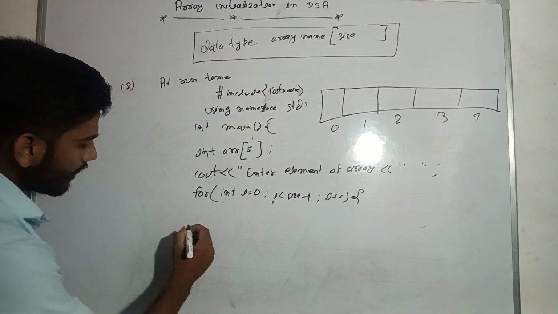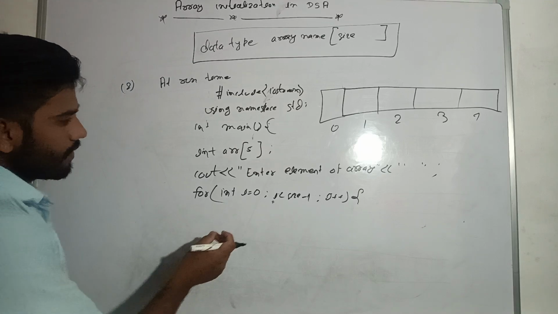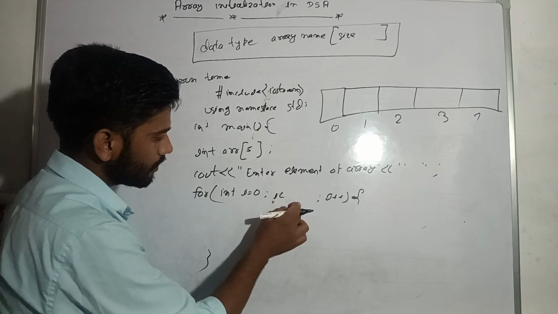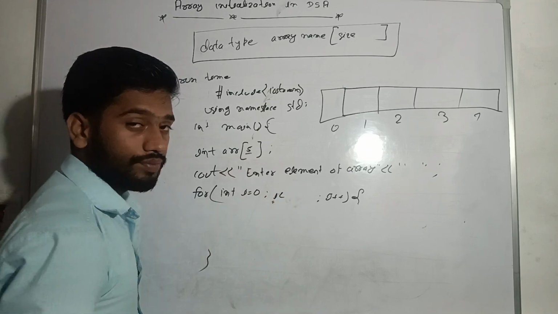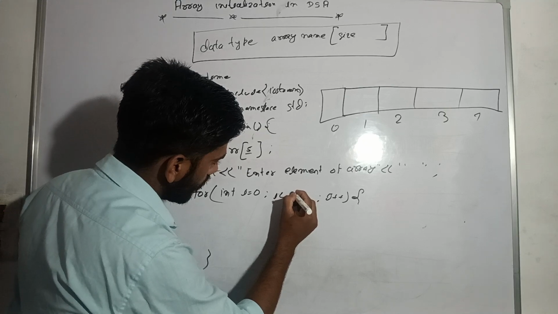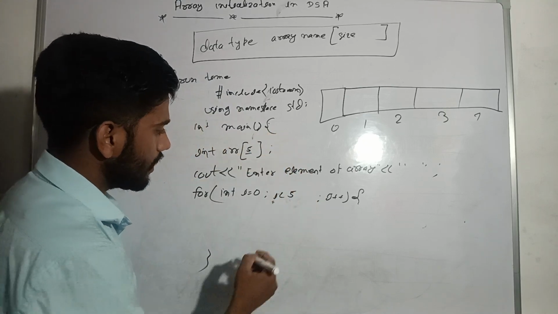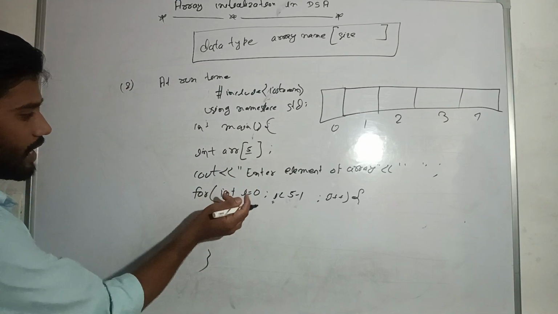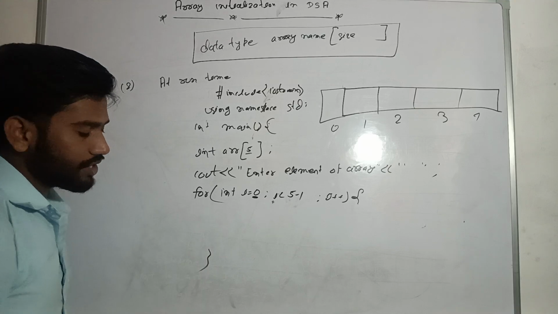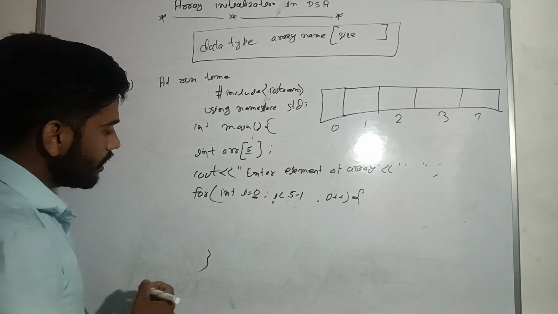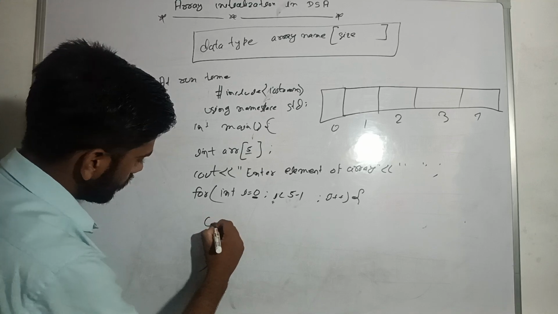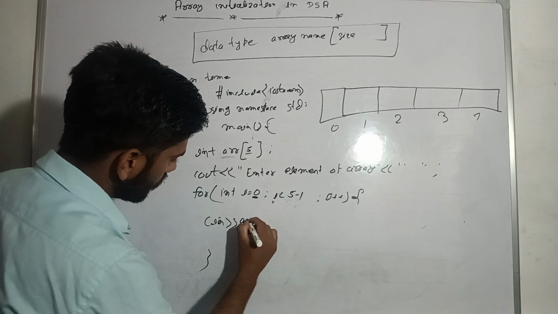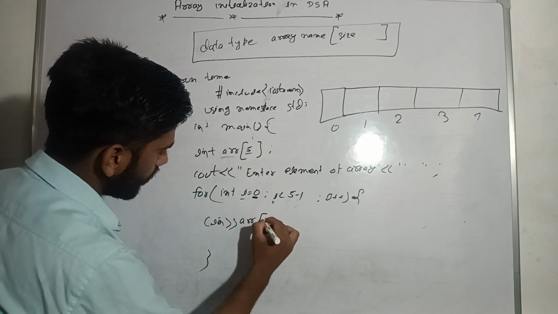Okay, now size, that size should be what? 5. Now here 5 minus 1. Okay, because indexes start with 0. Now cin and array name, array and the i.